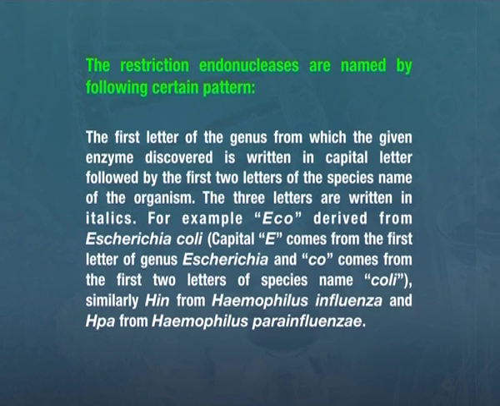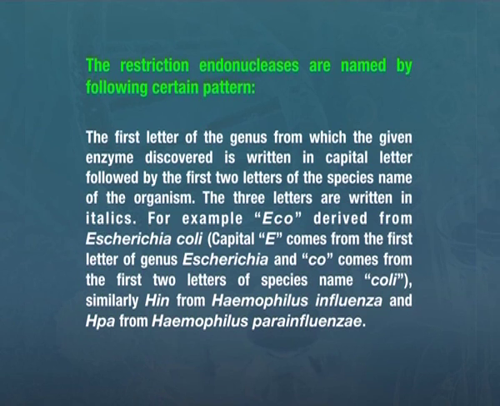The three letters are written in italics. For example, Eco derived from Escherichia coli. Here, the capital E comes from the first letter of genus Escherichia, and co comes from the first two letters of the species name coli.